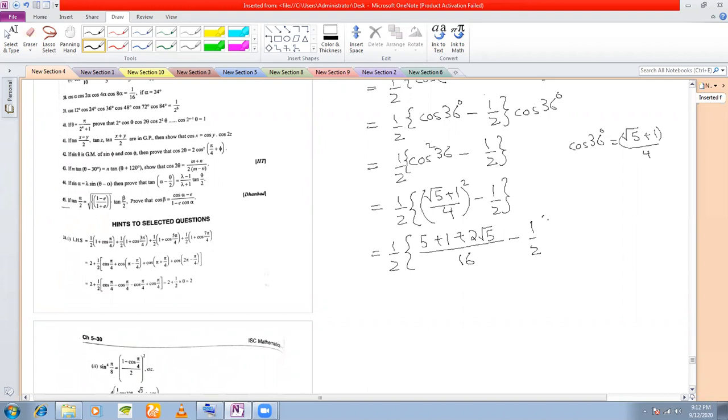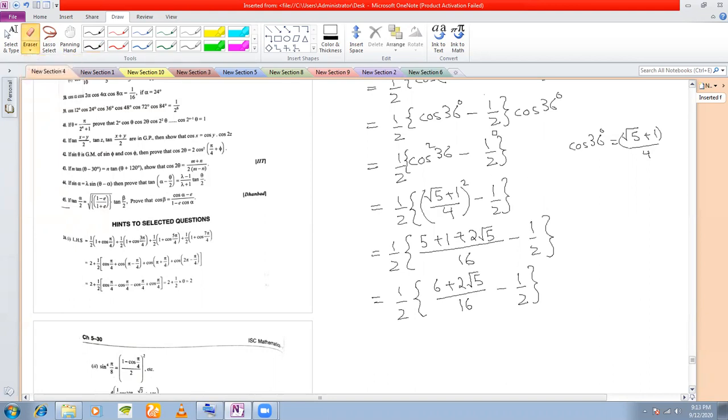Now you take the LCM. This will come to half, 6 plus 2 root 5 by 16 minus half.